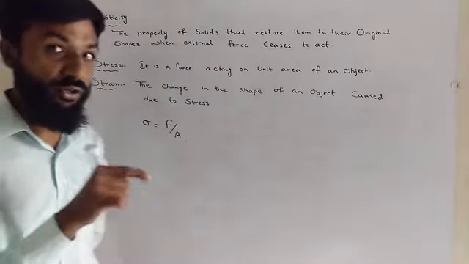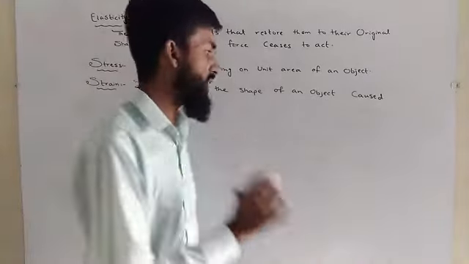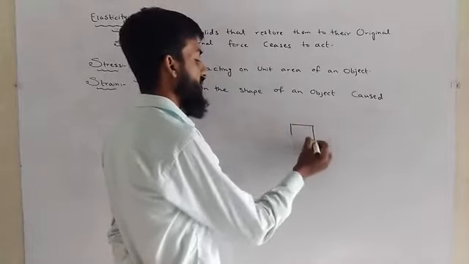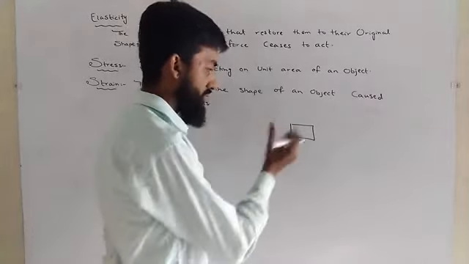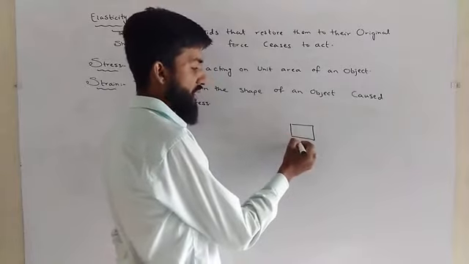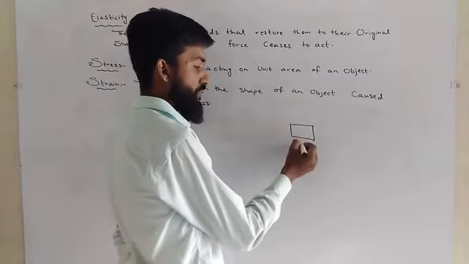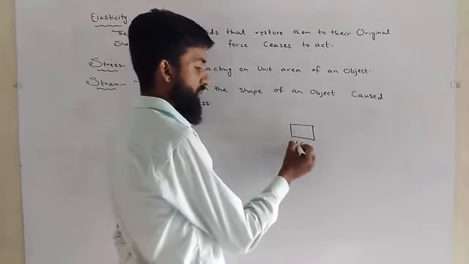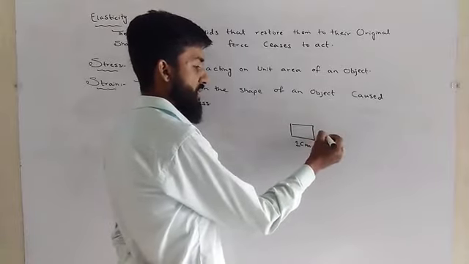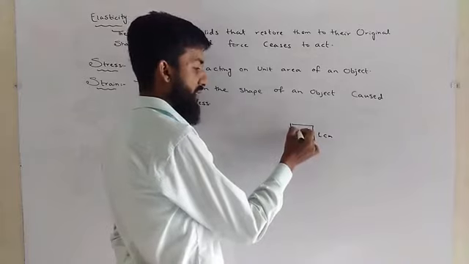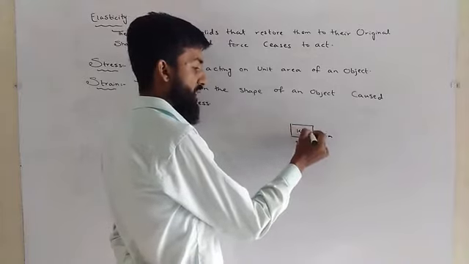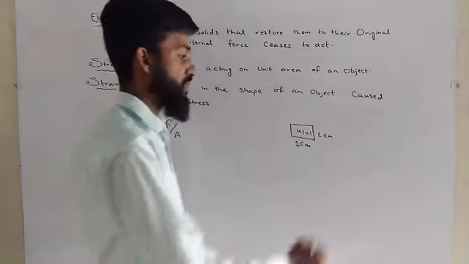The force applied on unit area means, let's see, a square whose width is 1 centimeter and length is 1 centimeter, so the area is 1 into 1, which is 1 centimeter square.